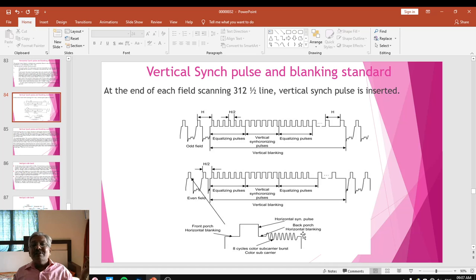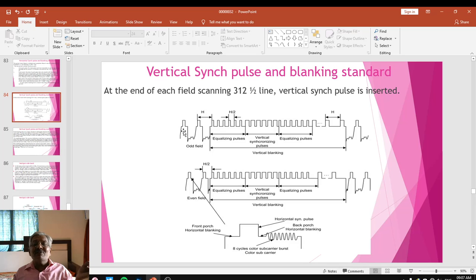represents the color transmission. As we already studied, the horizontal blanking pulses and vertical blanking pulses are monitored at every transmission center to recognize the quality of the picture which is being transmitted. If the standards are maintained, as we are aware, the front porch is 4.8 microseconds, the sync pulse is 1.5 microseconds, and the back porch is 5.7 microseconds.